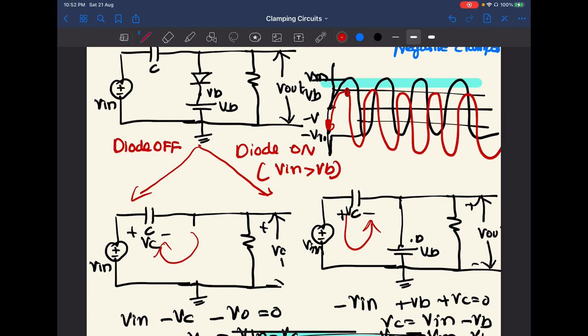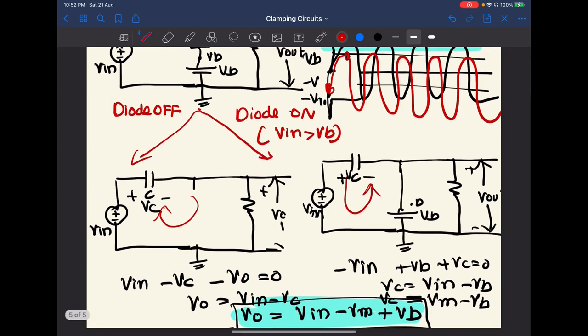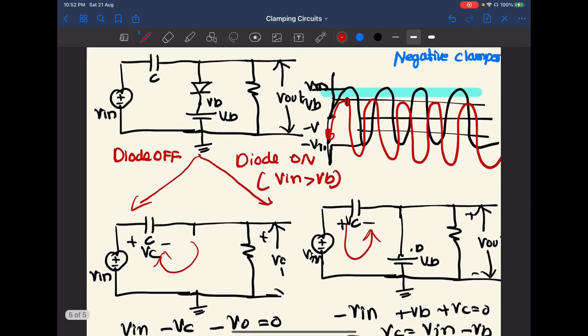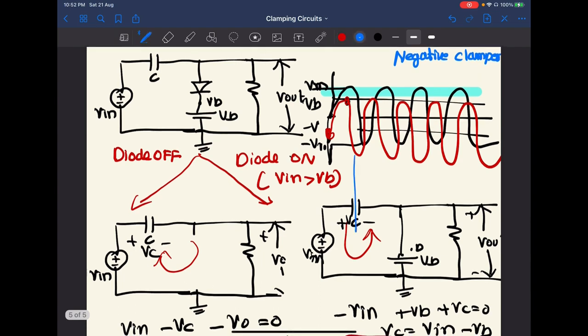You can see the relative to the input voltage, the output voltage is shifted to a value here. It is minus Vm plus Vb for the case of positive biasing. And what if for negative biasing? We can just replace that Vb in the reverse direction.